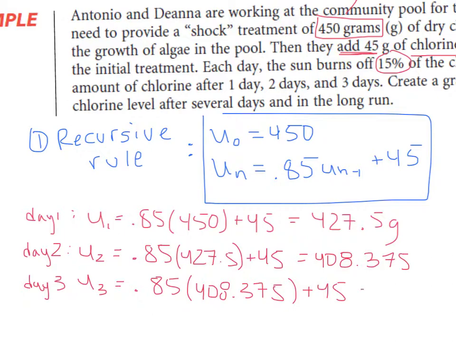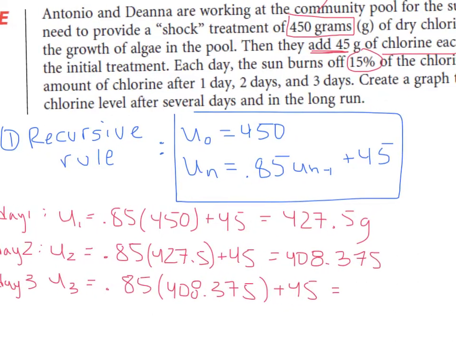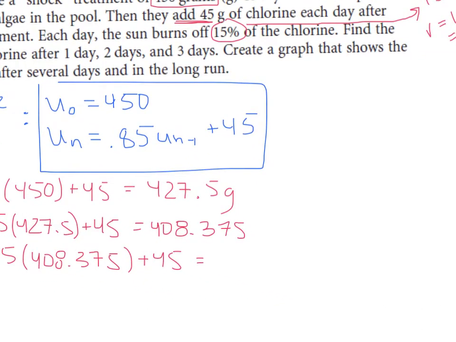And so that gives us our third day, which is 392.11. That gives us our first 3 days, but we want to look at the long run behavior of this equation. That's the last piece of this problem.